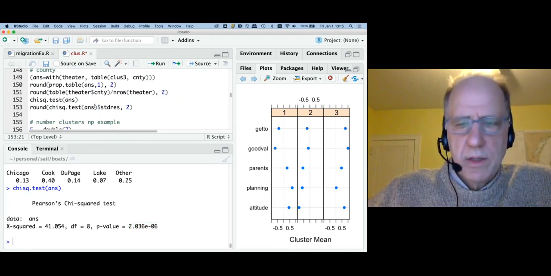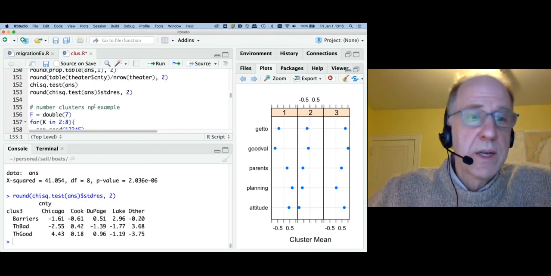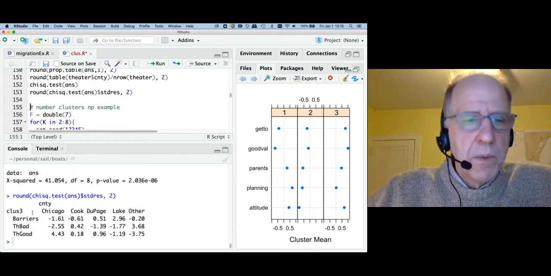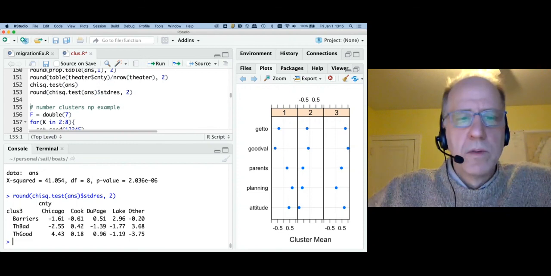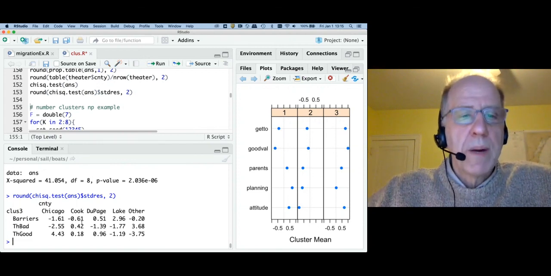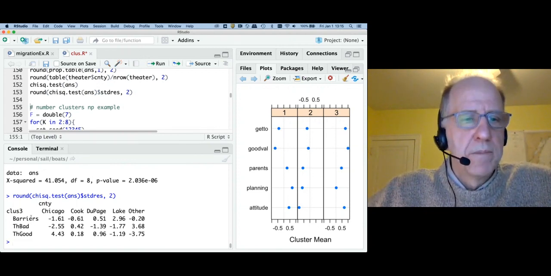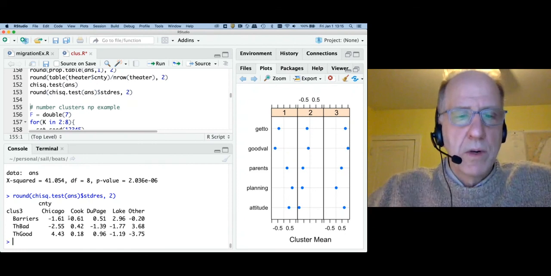The chi-square test also gives residuals that I discussed in this other video. The simple way to interpret this is, if you have rows and columns perfectly independent, so the joint probability of, say, barriers in Cook County equals the product of the marginals, then the residuals are going to be 0.